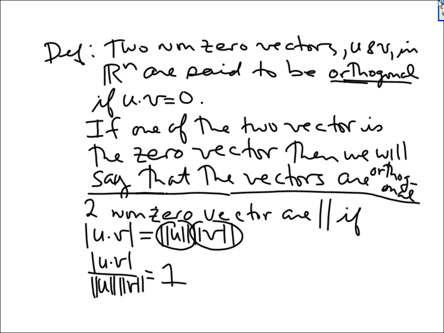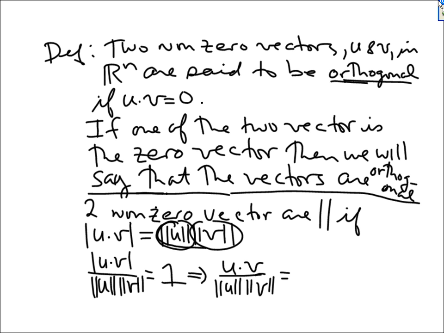Okay, you get 1. But that means that u dot v without the absolute value bars divided by the length of u times the length of v is equal to, well, let's talk about this for a moment.